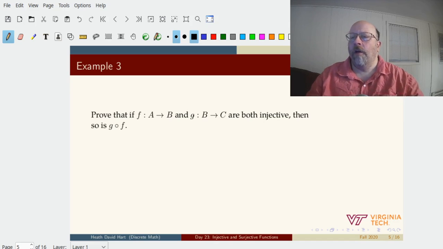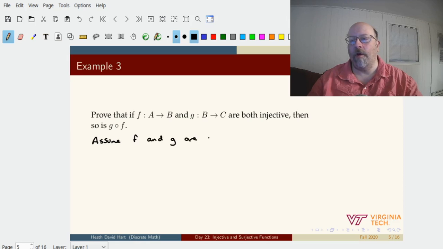Suppose that both of these functions are injective, then so is G composed with F. So here's what we're going to do. We're going to assume that F and G are injective.